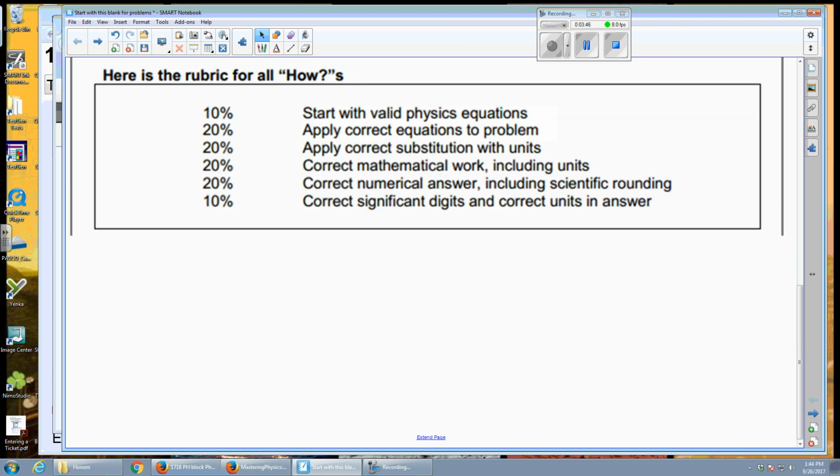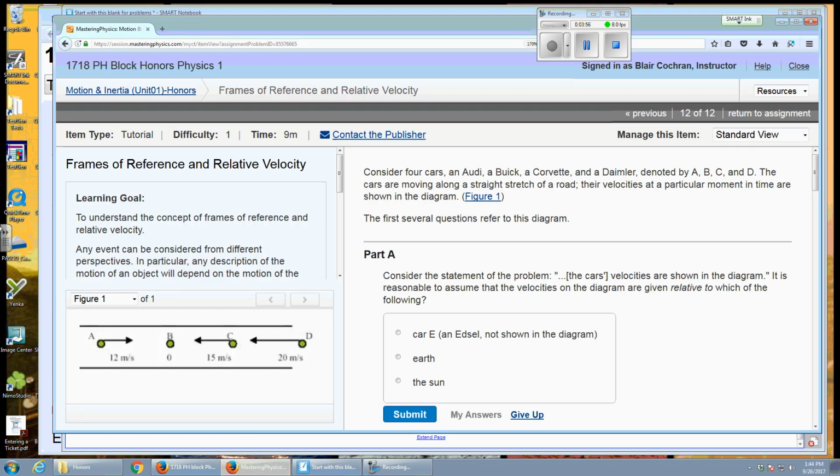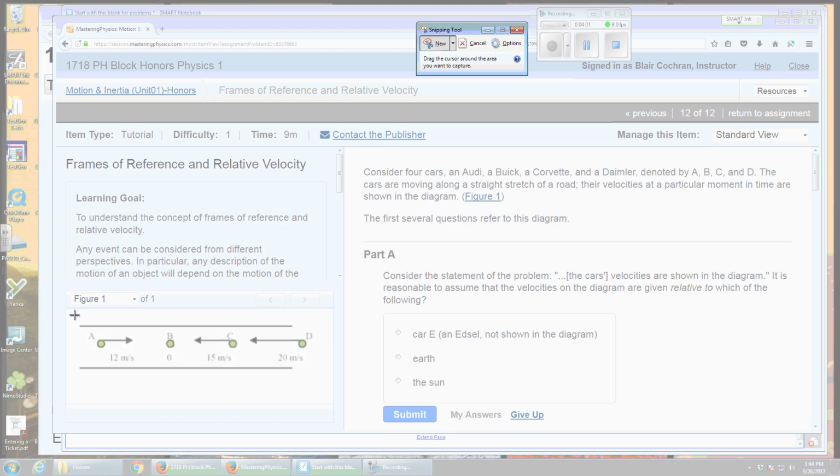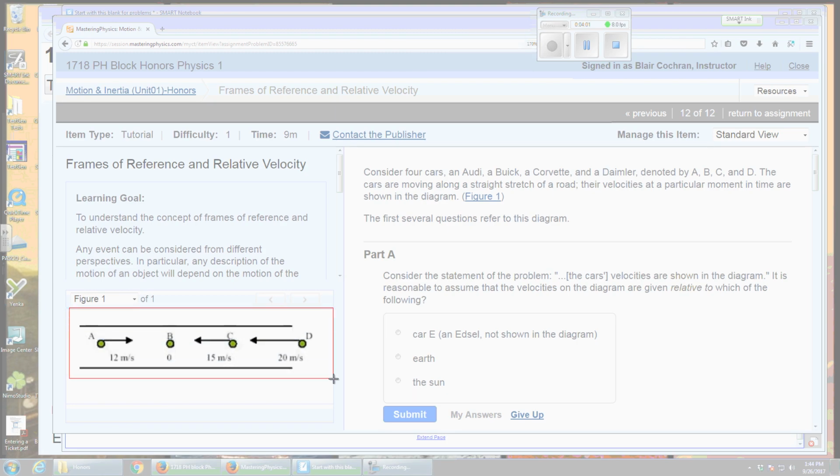And I put the rubric for the how at the top. I think I'm going to grab a couple things just to make life easier, like that diagram they gave me, maybe the equation sheet. Maybe grab this.